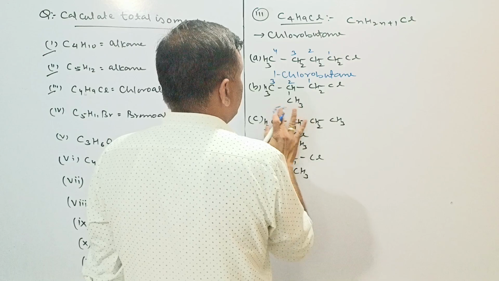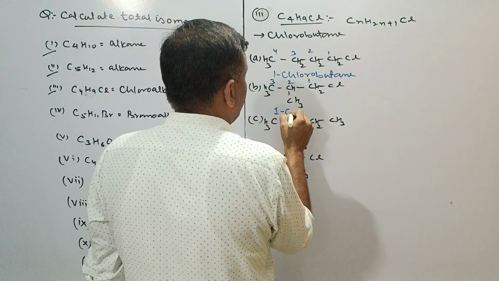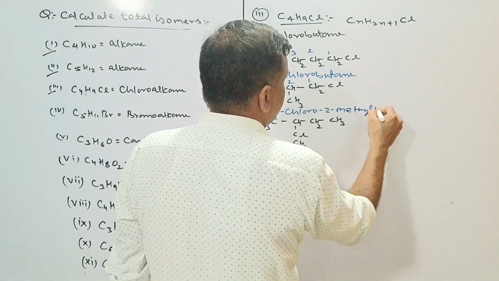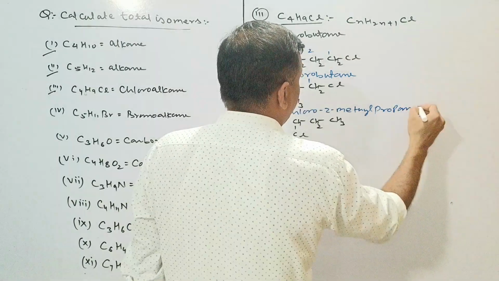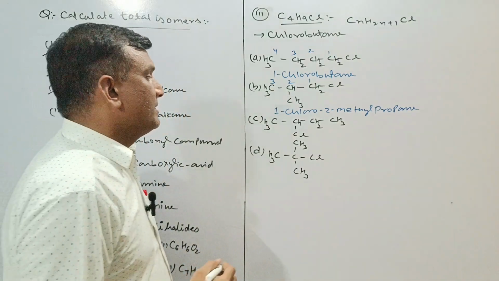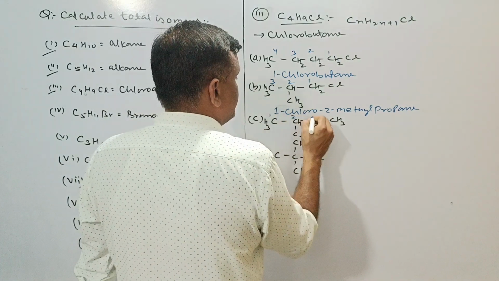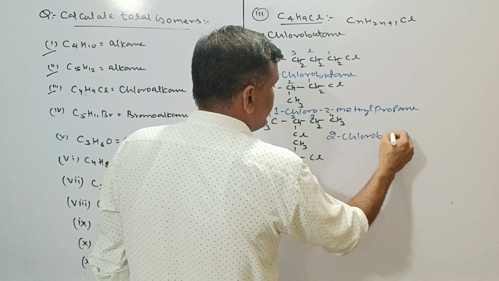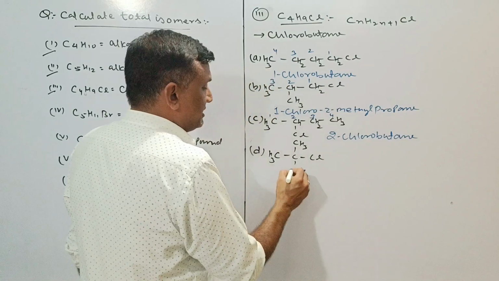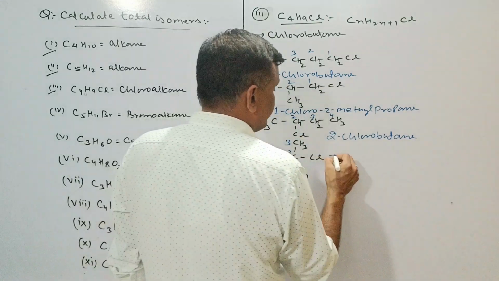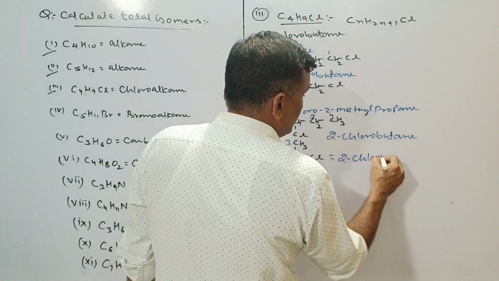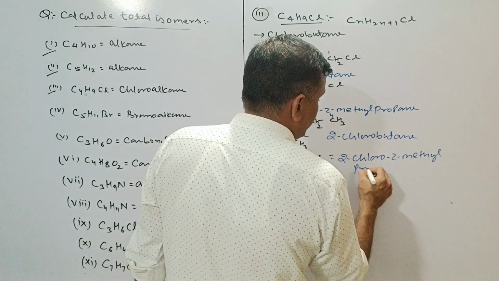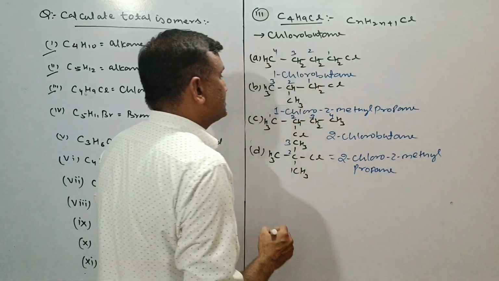This is 2-chlorobutane, and this is 2-chloro-2-methylpropane, as isomers.